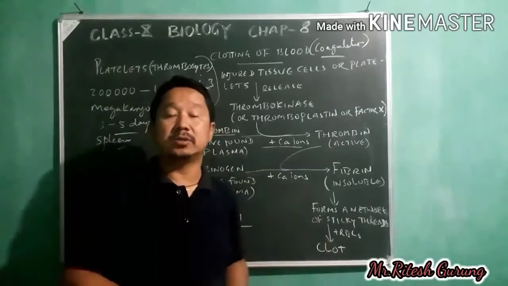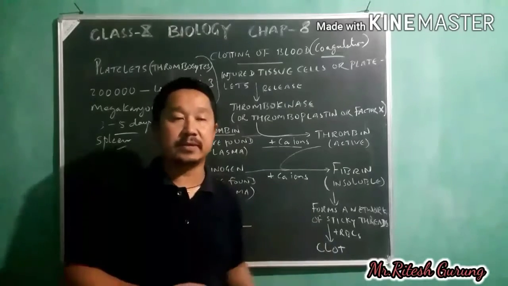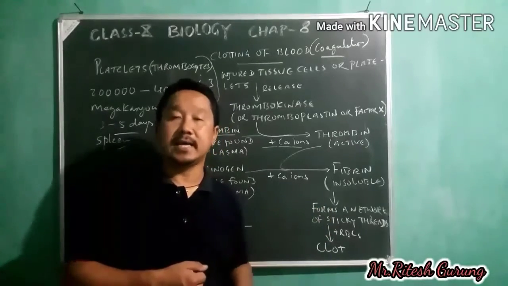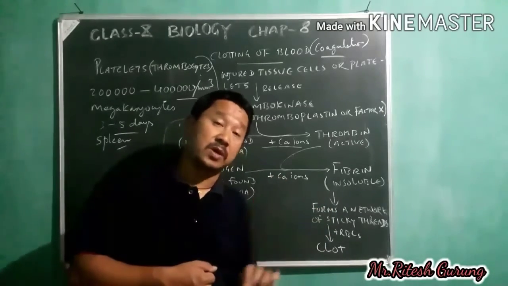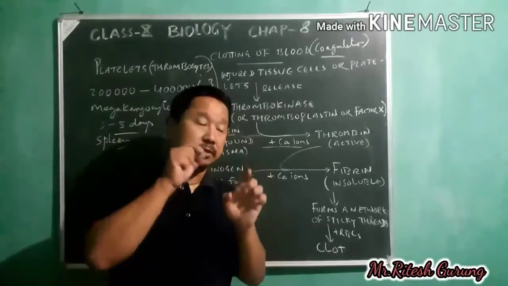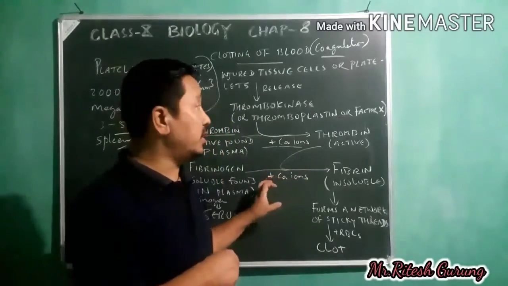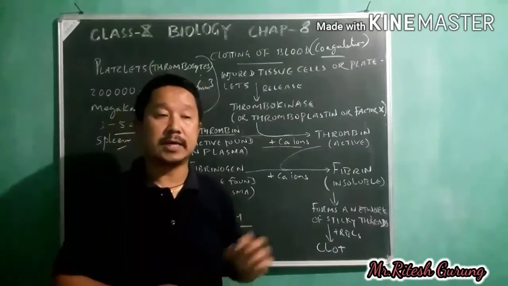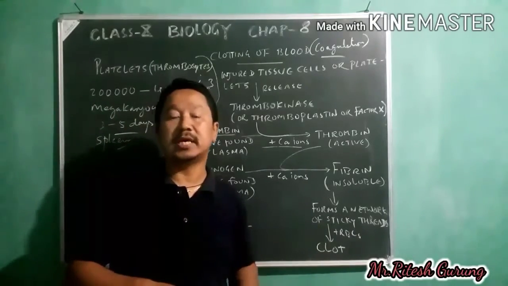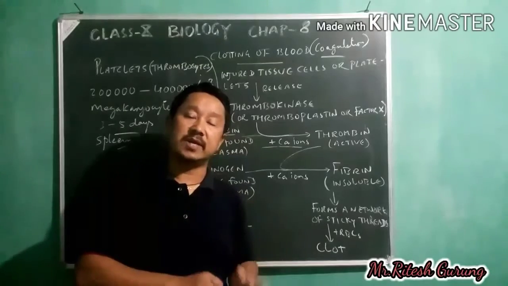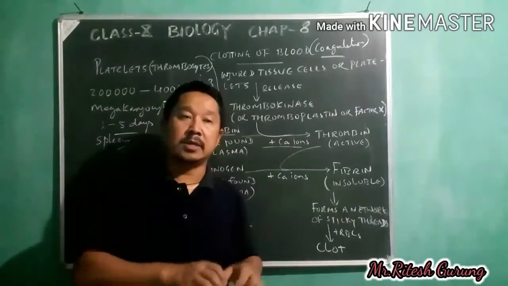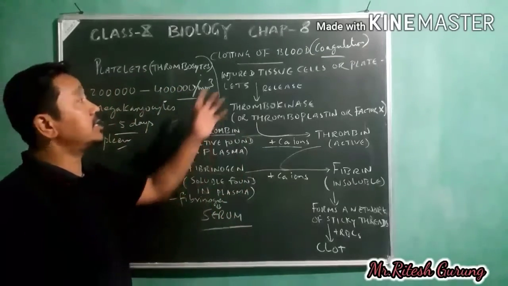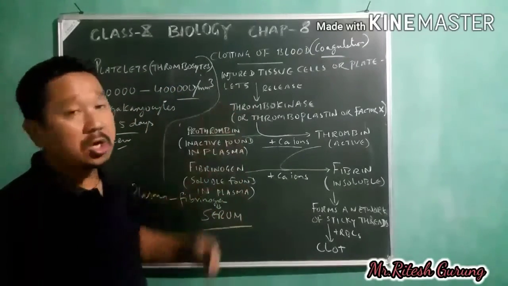In the end the body will not have enough blood, and consequently a person may die because of even a small injury. So clotting is very important, and platelets play a very important role in coagulation. That's why blood clotting is a very important phenomenon in the injured region. So this is how the clotting of blood takes place, which is also called coagulation.